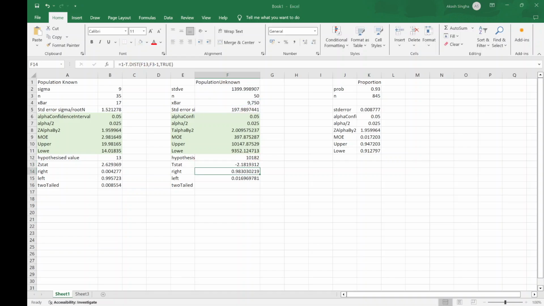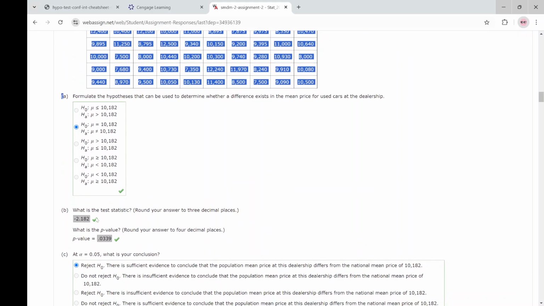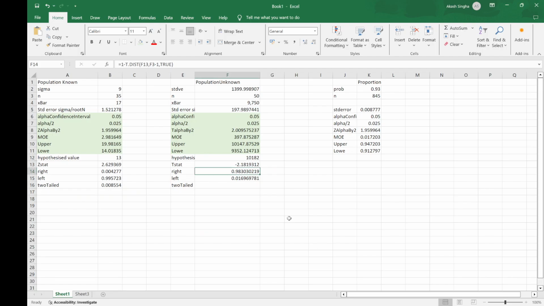Okay, let me check once. So yeah, T distribution is correct. P value is 0.0339, which should be okay.